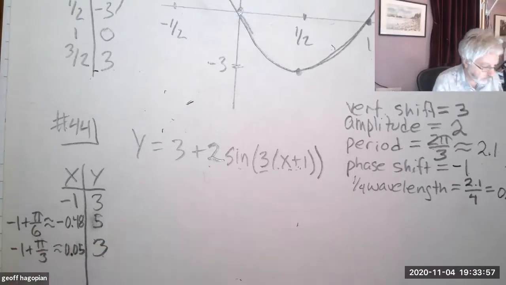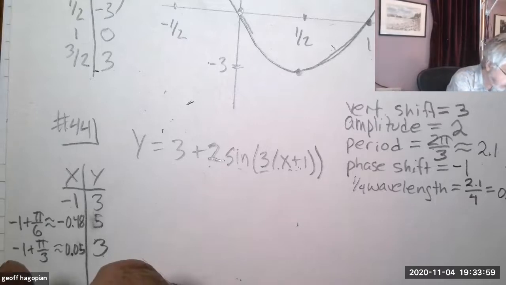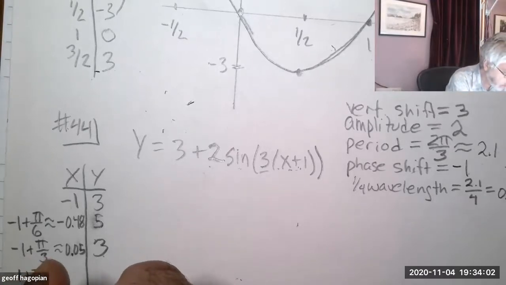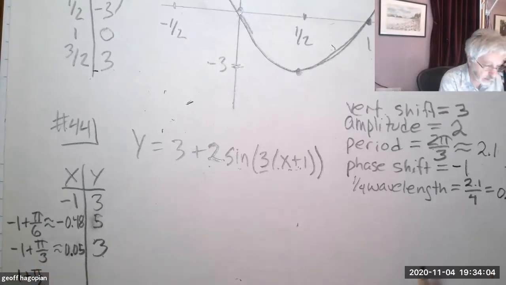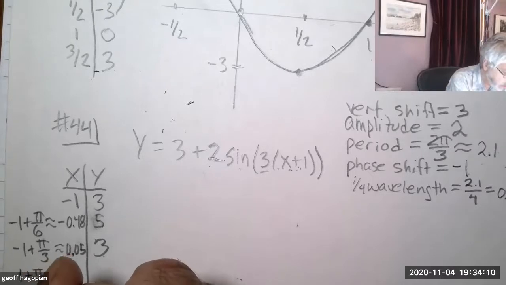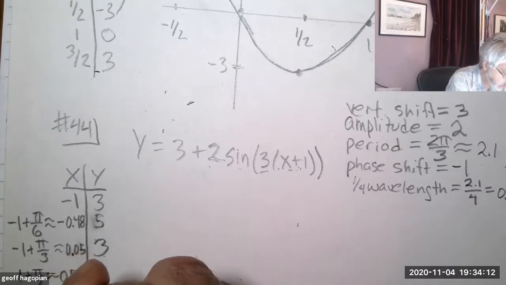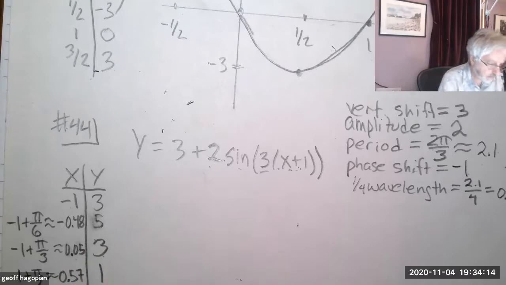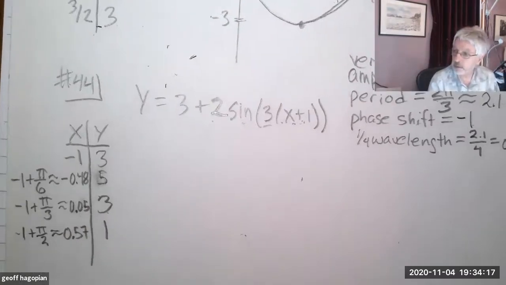So now 3 pi over 6 is pi over 2. So -1 plus pi over 2 is our next input. And then we're going to add 0.52 to 0.05 to get 0.57, which will be at the trough, which is 2 below equilibrium.